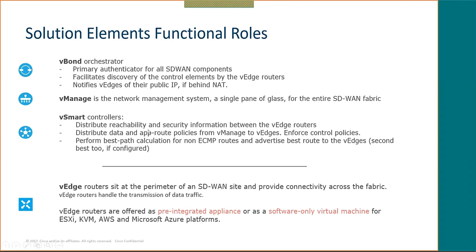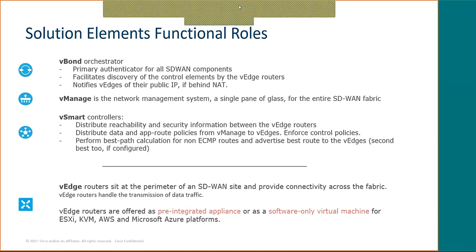And then there are the data and app policies for influencing the fabric. Policies are created in the fabric and distributed to the other vEdges via the vSmart. That means vSmart will distribute the policies.